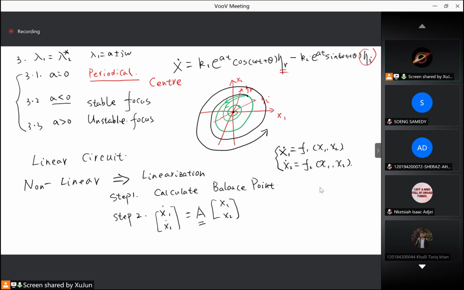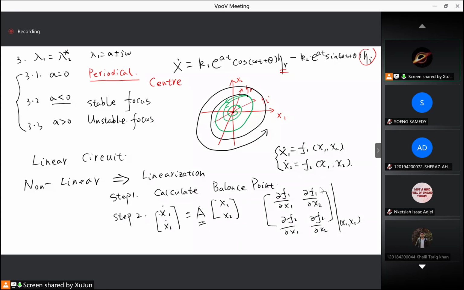So this is linearization. How to get the matrix A? The matrix A comes from f1 and f2. The matrix A will be the partial derivatives of f1 with respect to x1 and x2, and of f2 with respect to x1 and x2, with the balance point x1, x2 put inside. So we got the linearization circuit.